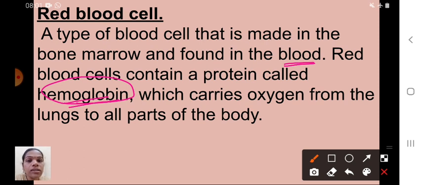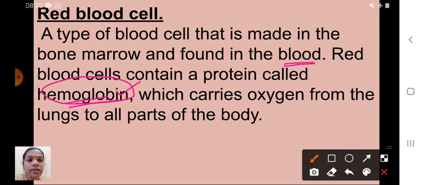So what is the function of this hemoglobin? It carries oxygen from the lungs to all parts of the body. I hope you understood now what is meant by red blood cells, and why our blood is red in color: because of hemoglobin.